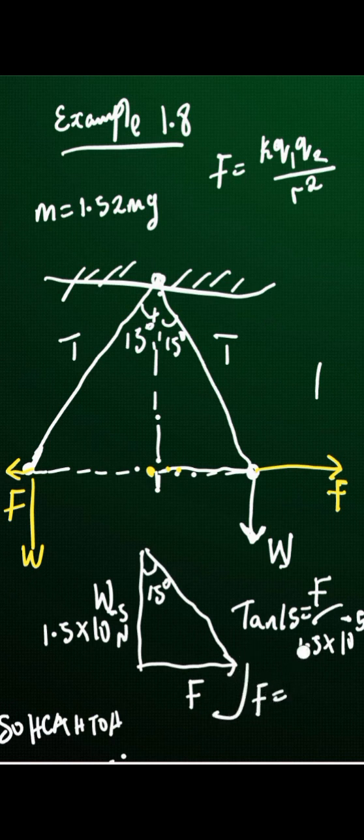F will be equal to tan 15 times 1.5 times 10 raised to power minus 5. So when you press your calculator, 1.5 times 10 raised to power minus 5 times the tan of 15 should give you what?